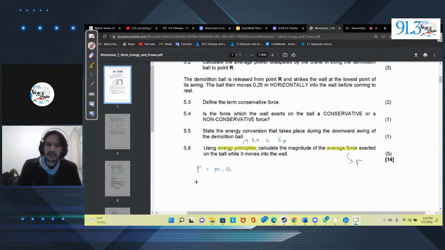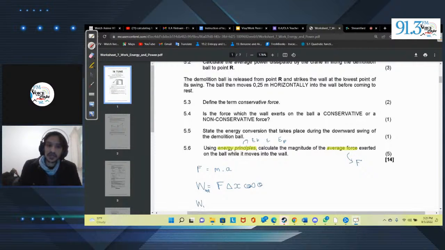But we know that work is equal to force times the change in distance. And if there is an angle, we need to take the angle into consideration. So net work is equal to force times change in distance times cos theta, depending on the angle and the trajectory of the ball.